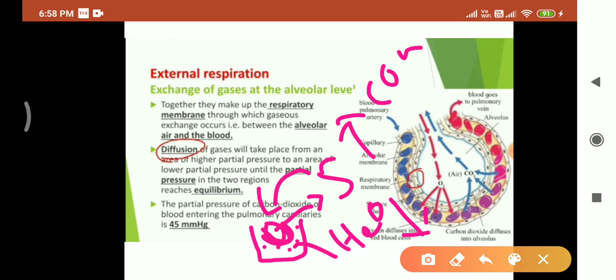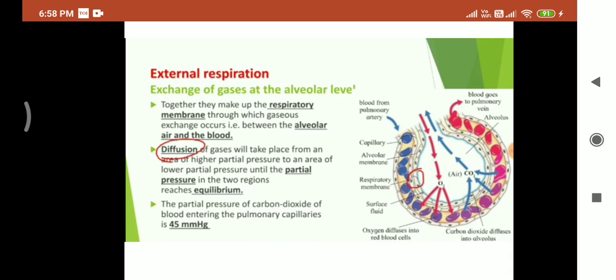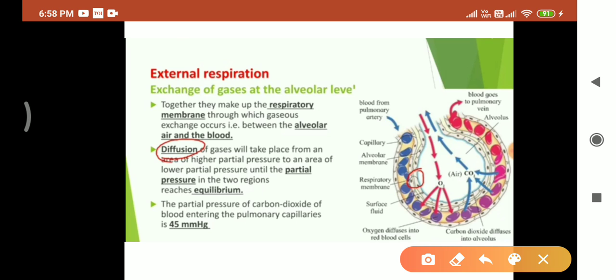So diffusion also occurs in gases exchange. What is present here for the equilibrium? When you talk about partial pressure, what is partial pressure? The pressure of the two regions.